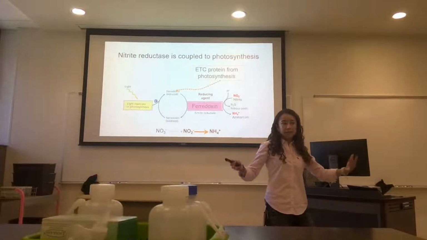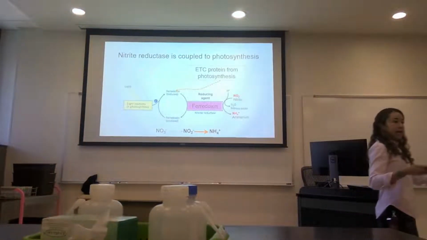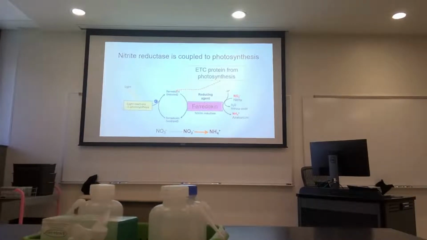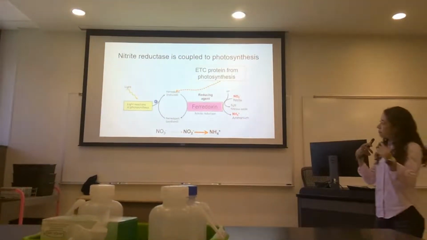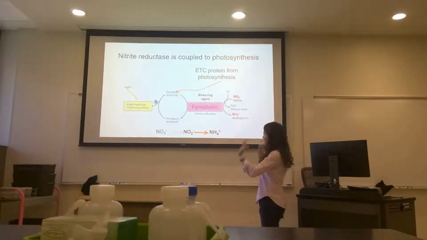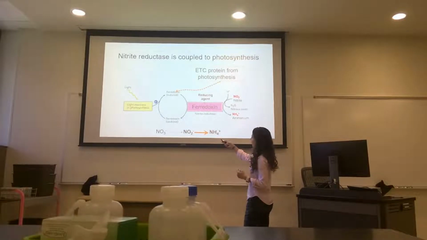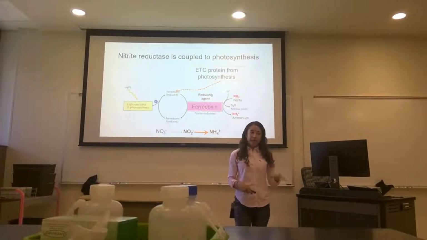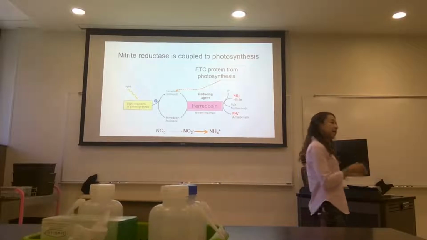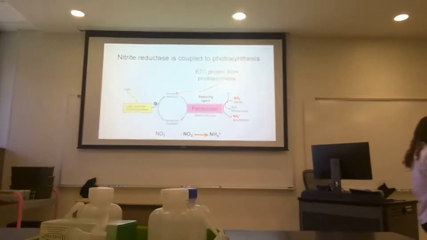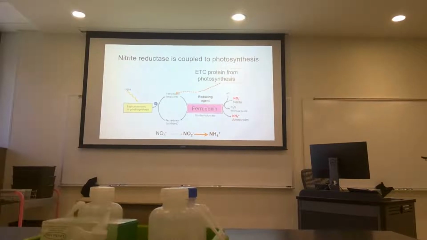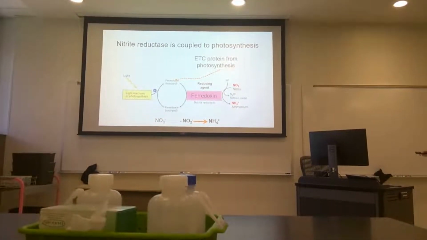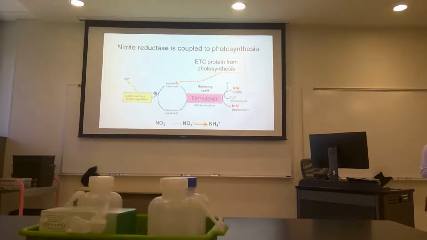Light energizes electrons that jump between proteins, and those high energy electrons do something, just like an electron transport chain. A little bit different. One of the things that gains those high energy electrons is called ferredoxin. The name is not important. A high energy compound that is reduced during the light reaction is required to reduce nitrite to ammonia.